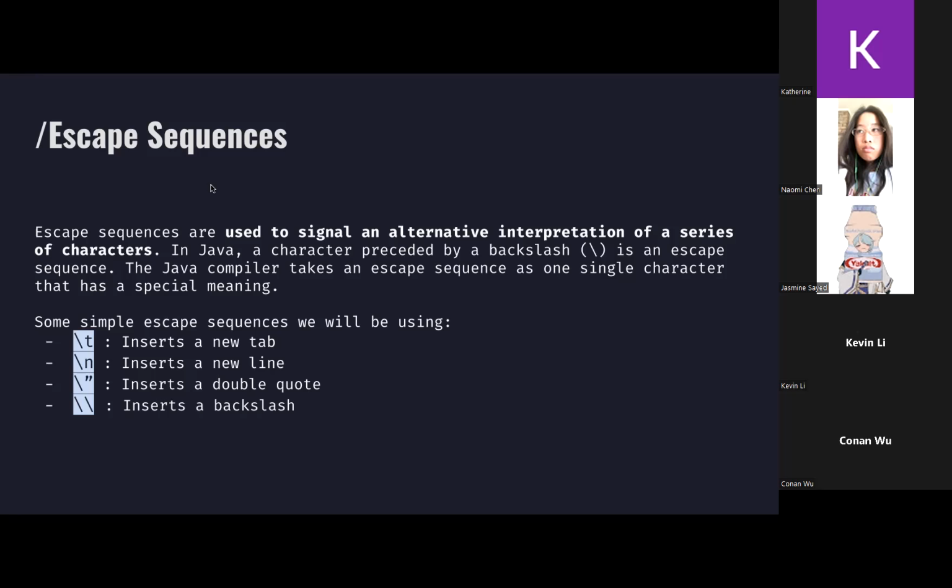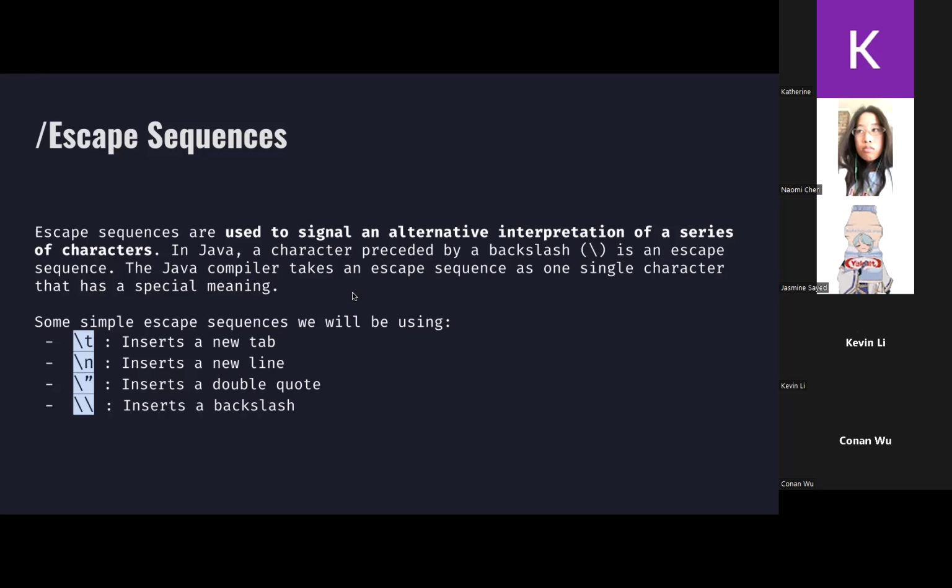And in Java, a character preceded, which means to come before something, and in this case, it's talking about a backslash. That's what it looks like. It's the opposite of what we just went over, the front slash, is an escape sequence. The Java compiler takes an escape sequence as one single character that has a special meaning.